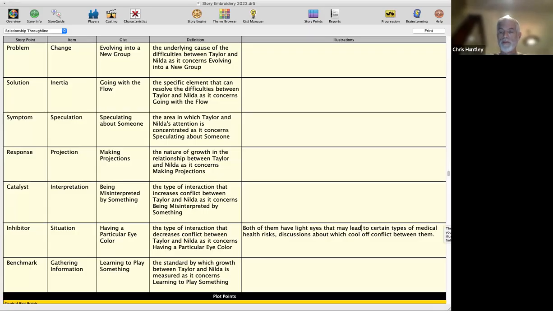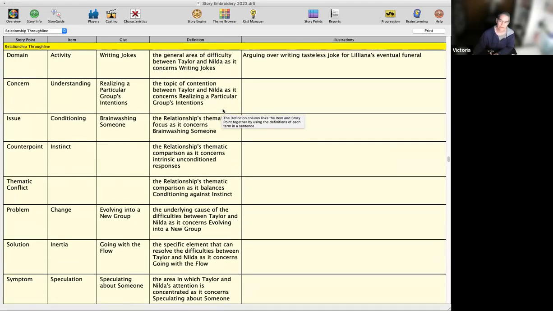Victoria, did you have anything you'd like to add? I was trying to think what is left. In the relationship, the concern is realizing a particular group's intentions.